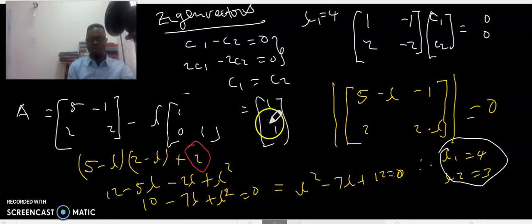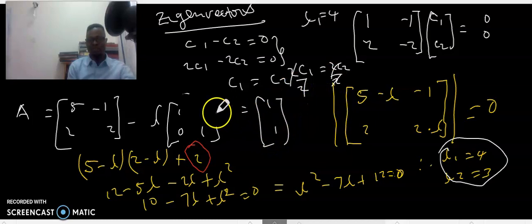Why? Because 2c1 will be equal to 2c2. If you want to get c1, you have to divide both sides by 2. So this simply means you have 1 1 as our corresponding eigenvector for x1.